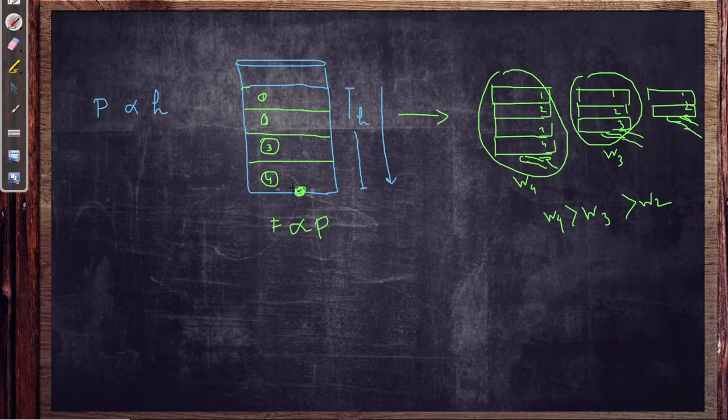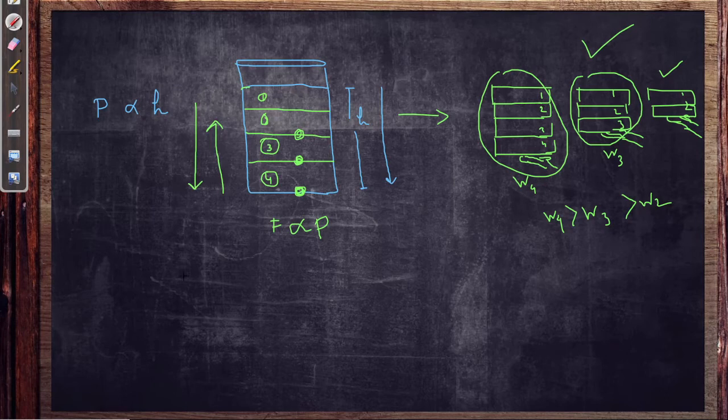So what if I move a little bit upward? Here also the force is decreased, then pressure will also decrease. What about this one? The third case, force will also be less, pressure will also be less. So as you can see, if you are moving from down to up, that is the depth is decreasing, then the pressure is also decreasing. So say it oppositely: if the depth is increased, that means pressure is also increasing.